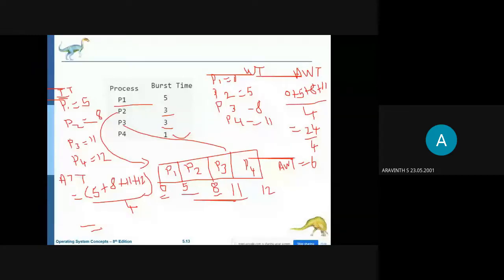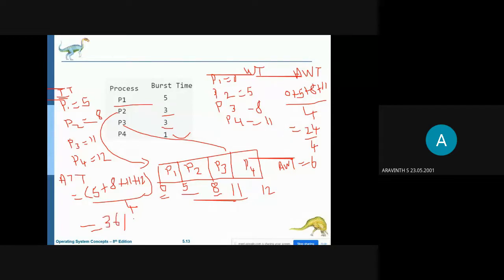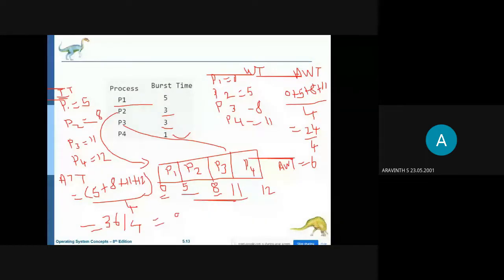So 5 plus 8, 13, 13 plus 11, 24, 24 plus 12, 36. So 36 divided by 4 equals 9. So the average turnaround time is 9.